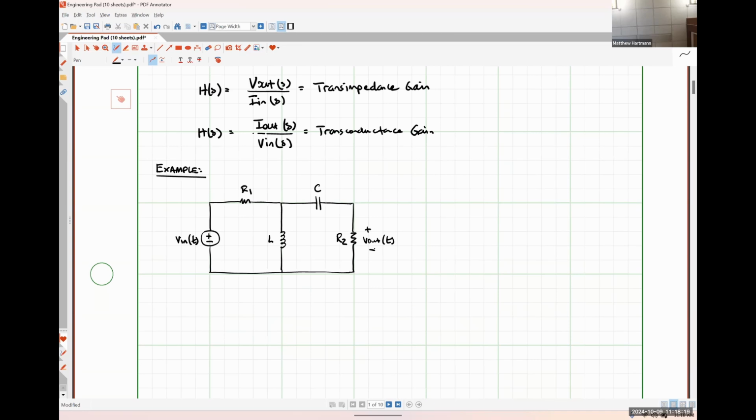Now, one thing that I do want to point out, because our network is made entirely of passive components, so just resistors, capacitors, and inductors, there is effectively no way for this system to ever be unstable, okay? So we should always expect for our poles to wind up on the left-hand plane.